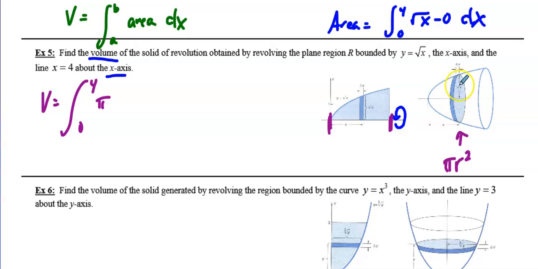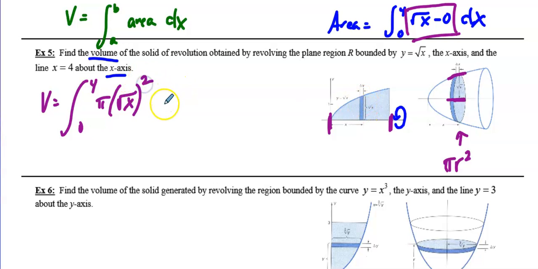The radius is going to be from the top of the curve to the bottom of the curve. That actually represents the height of our rectangle, and the height of a rectangle goes back to what we talked about in lesson number 29: the top curve minus the bottom curve, which gives us the square root of x. So our radius is actually going to be the square root of x.